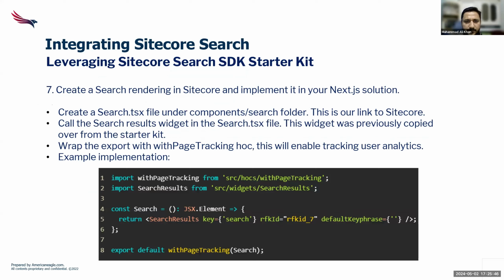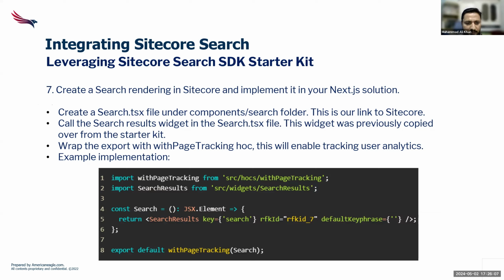So create search rendering. At this point, we can create our Sitecore search component, so create the search.tsx file. Search.tsx is the main file which will be communicating with Sitecore and the Sitecore Search SDK, using the widget which we have copied.